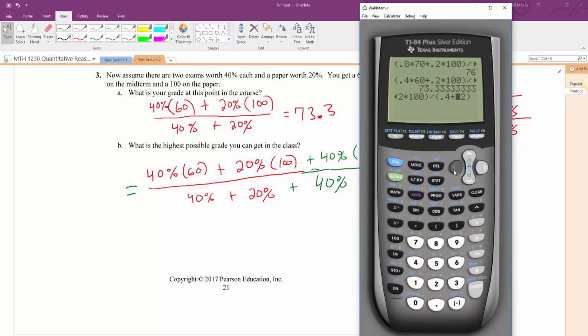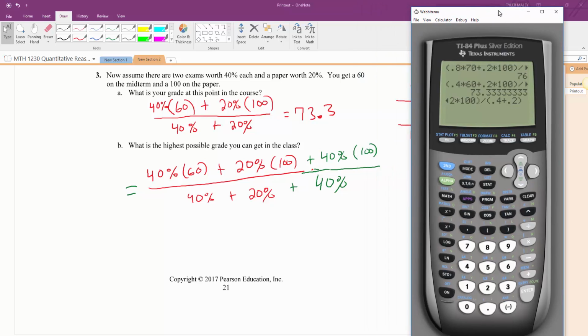So I need to add in the top 0.4 times 100, and then in the denominator, I need to add in plus 0.4.